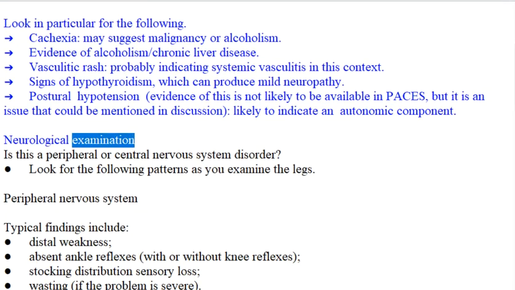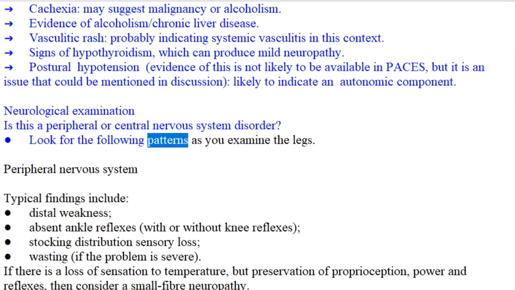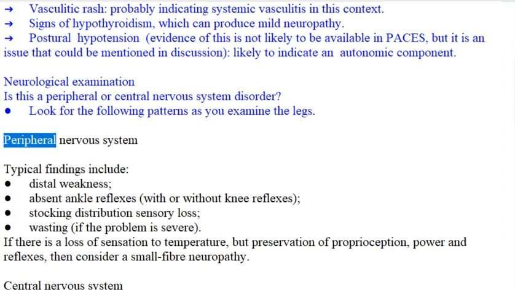Neurological examination. Is this a peripheral or central nervous system disorder? Look for the following patterns as you examine the legs. Peripheral nervous system.